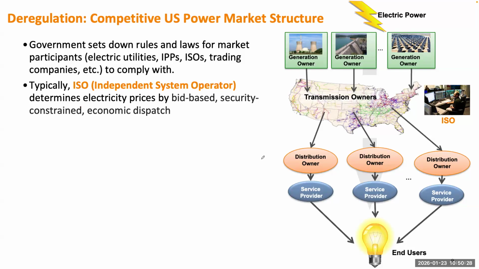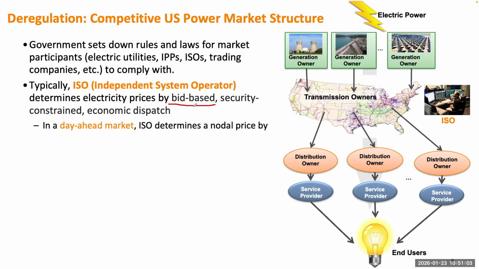The ISO determines the electricity price by bid-based security constrained economic dispatch. You're supposed to understand what this sentence means, except for the bid-based part, but you should know what security constrained economic dispatch means, right? The last session in 421 was all focused on how to formulate and solve this problem. But here we just add a bid.